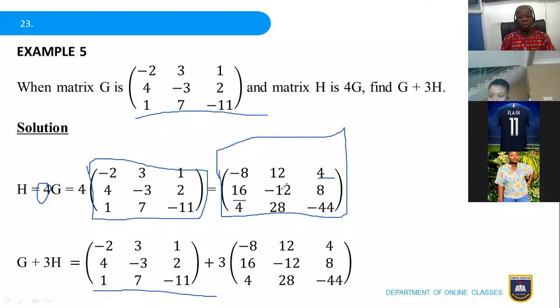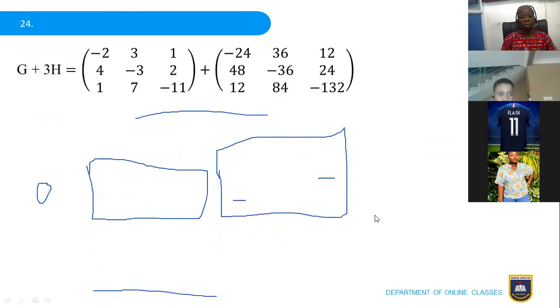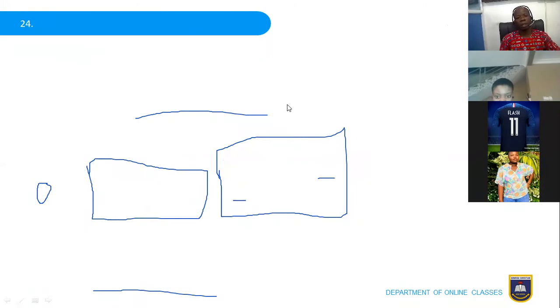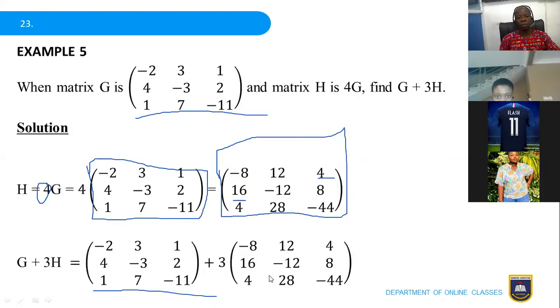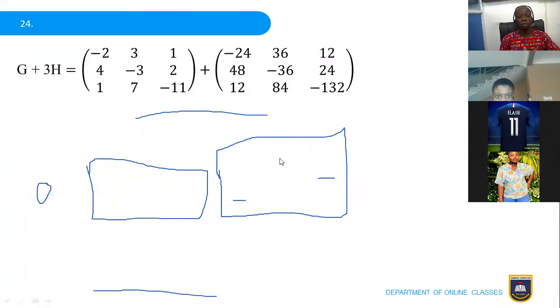We are multiplying the whole of this matrix by 3, so we do whatever is in the bracket first. Multiplying the whole of matrix H by 3 gives us -24, 36, 12, 48, -36, 24, 12, 84, -132. Now we are adding the two matrices here.